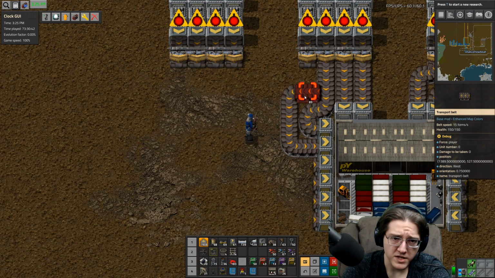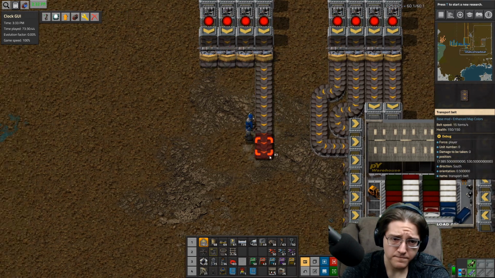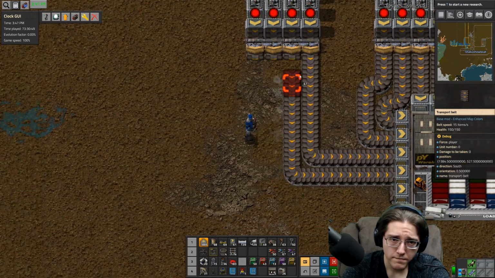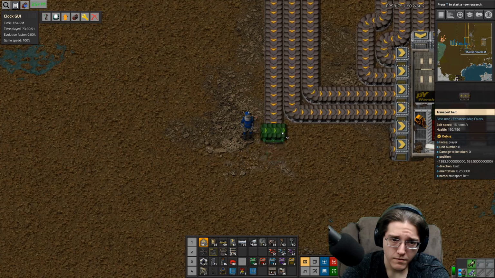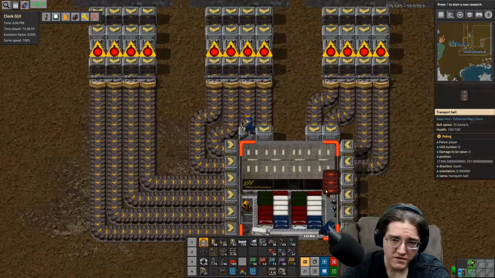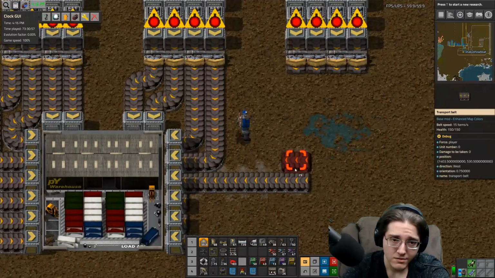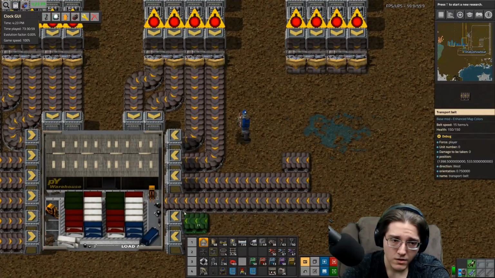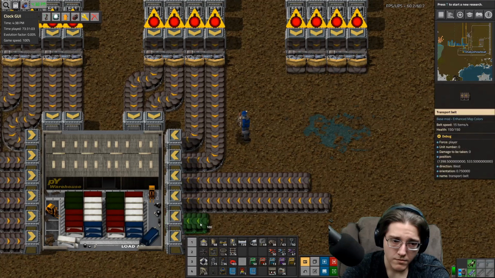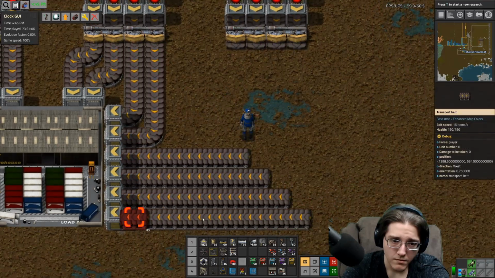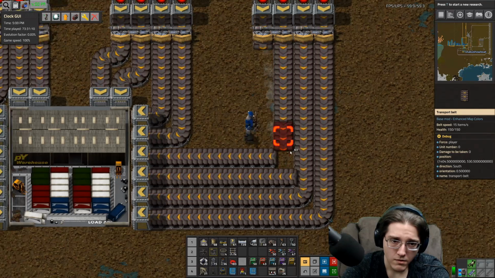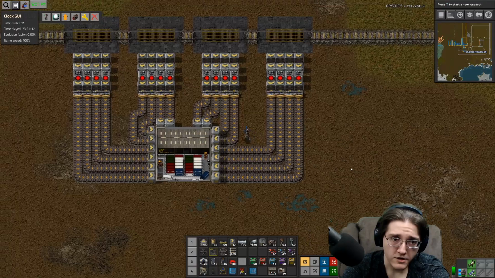Remember that this one's going to be the sand castings. Eventually. There we go.